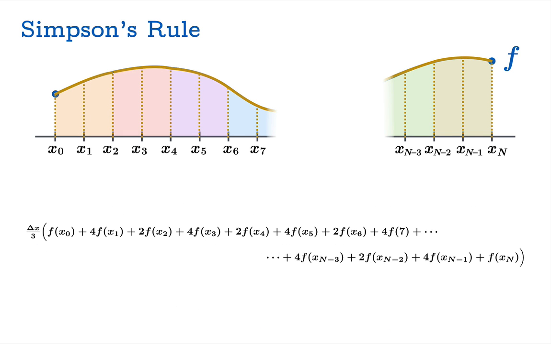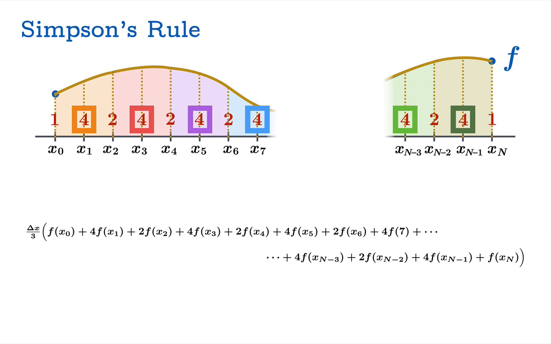And indeed, if you work out the general case, which we've attempted to picture here, you will notice that there is an alternating pattern of 2s and 4s internally. And at the very end, you have the 1 left over. So it starts 1, 4, alternates between 2 and 4, and then ends 4, 1. And if you move these coefficients into the picture, it becomes pretty obvious where these coefficients come from. So the 4s occur because of the internal 1-4-1 rule.